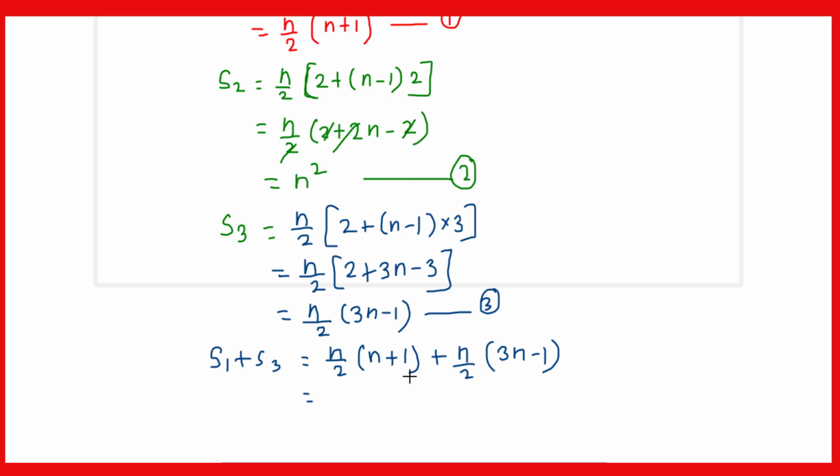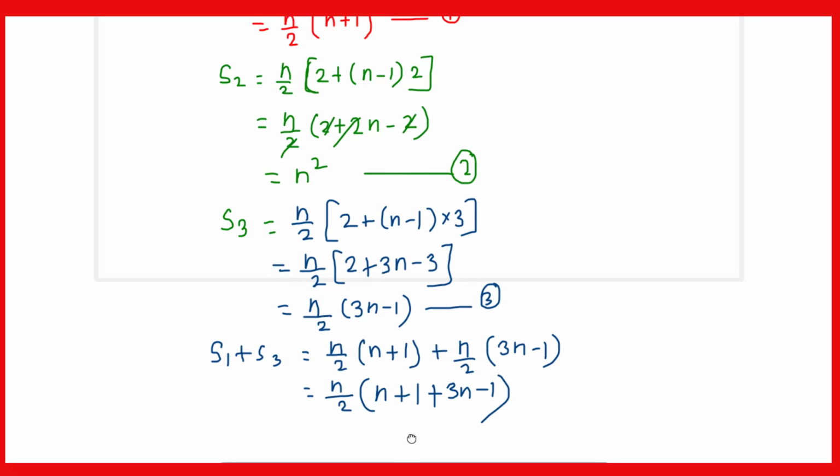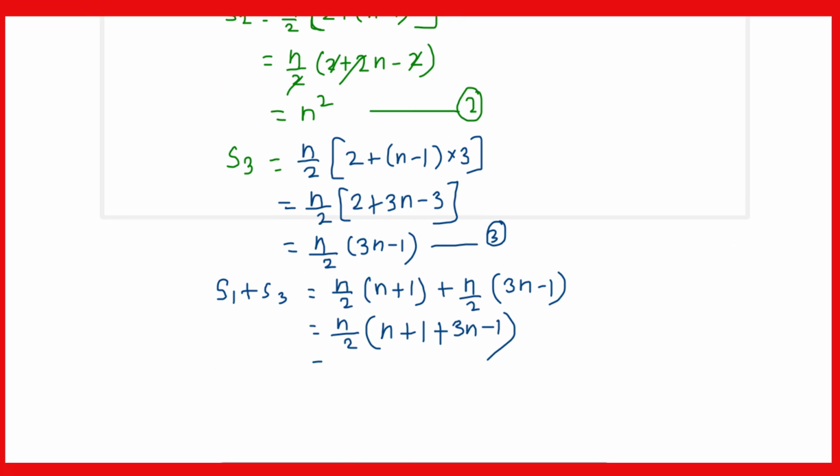So this is equal to, n by 2 will be a common factor, and inside the bracket this will be n plus 1 plus 3n minus 1, close the bracket. So n by 2, the 1 and 1 will get cancelled, 3n plus n will be 4n, and 2 ones are 2, 2 twos are 4, so this is equal to 2n square.